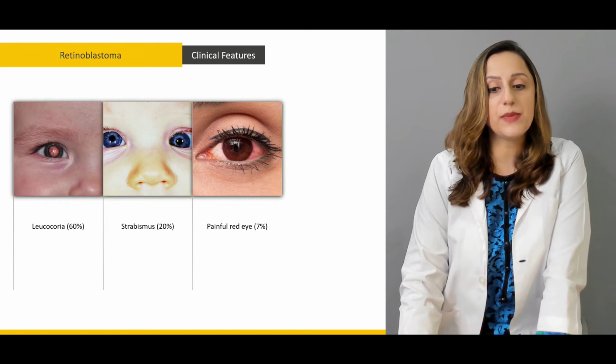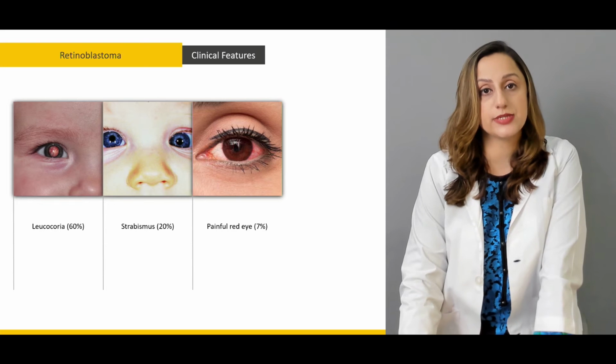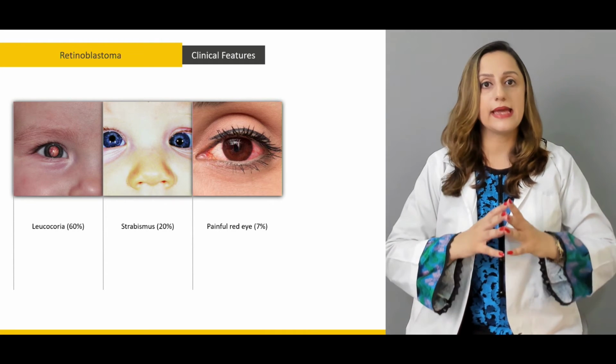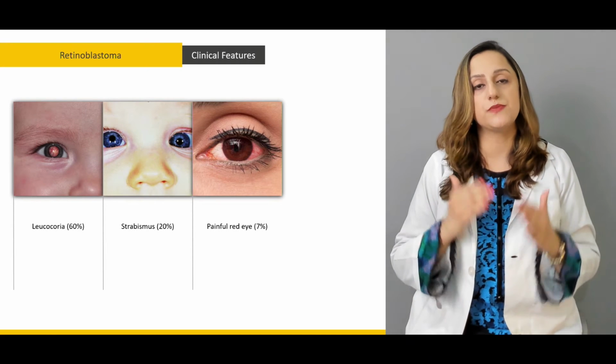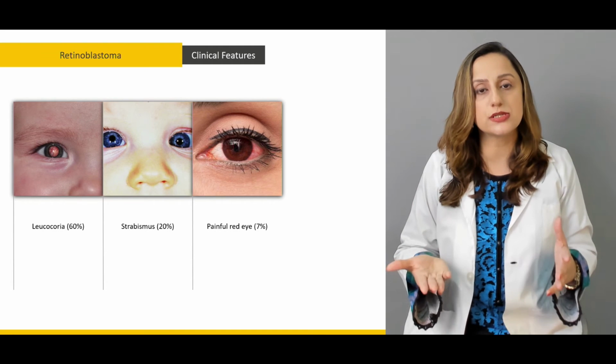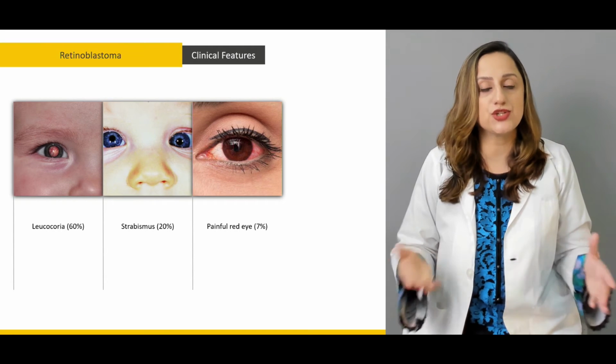And then we can have the painful red eye in almost 7% of the patients. There is again a list of diseases that manifest as a painful red eye, ranging even from benign conditions such as inflammatory or infectious conditions.